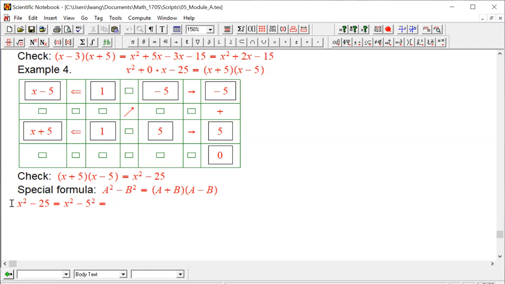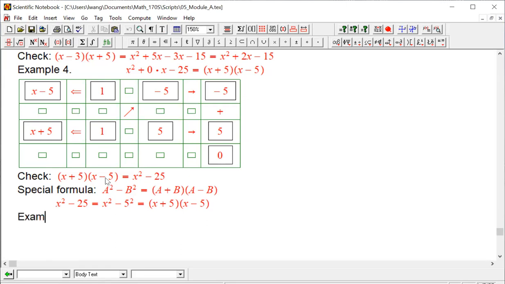That matches the formula perfectly because a is x, b is 5, right? Therefore, the factored form is x plus 5 times x minus 5. It doesn't matter which order you put the factors.